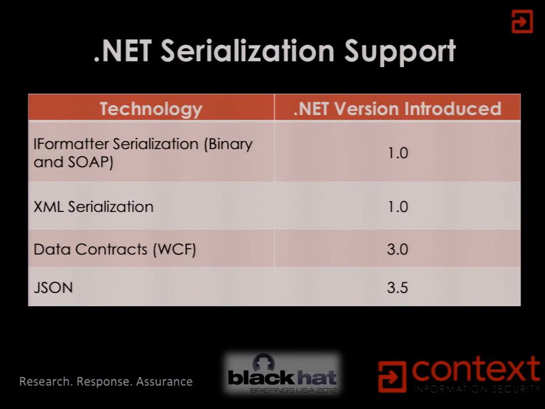Binary serialization is very, very powerful, which is why I'm talking about it. XML serialization is considerably less powerful. You can only create public types, very limited, but in the scenarios in which you want to use it, it's quite useful. As part of version 3, Windows Communication Foundation introduced the DataContract serializers, and 3.5 also had a built-in JSON serializer.